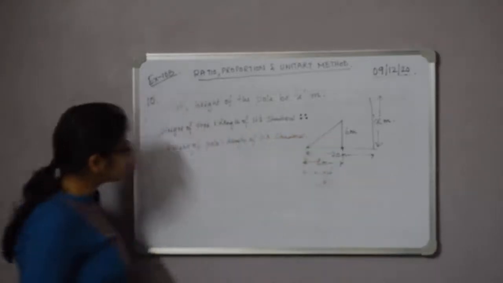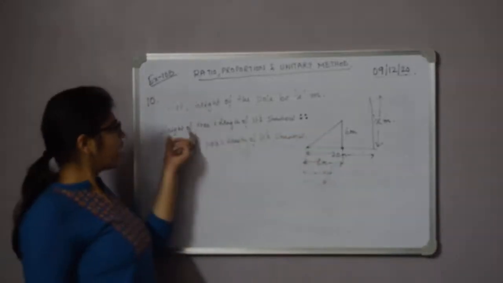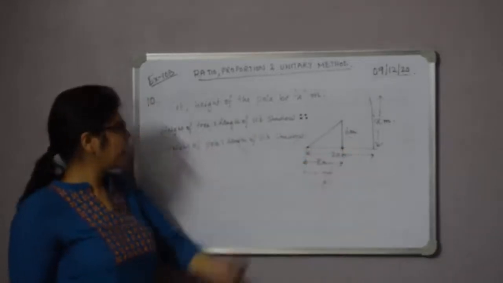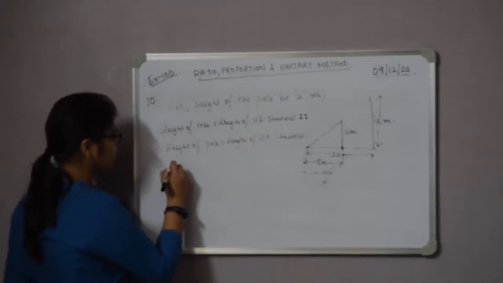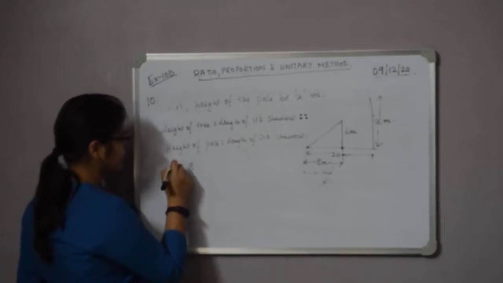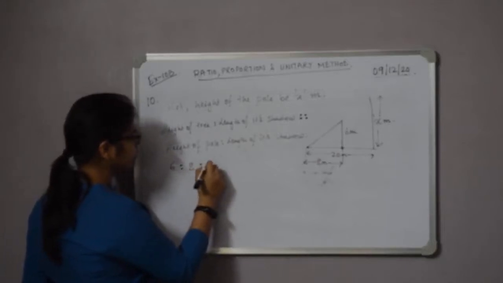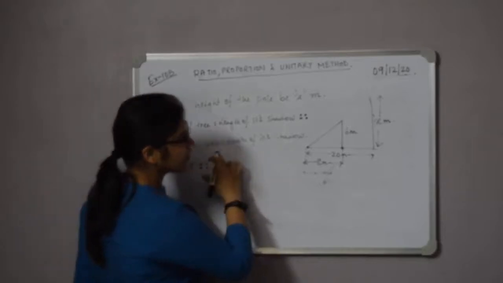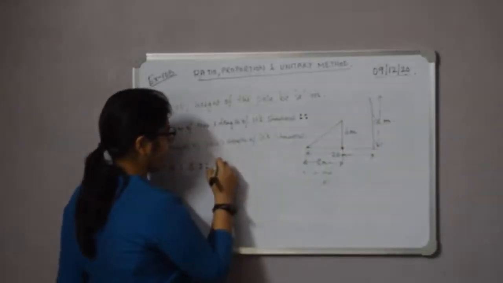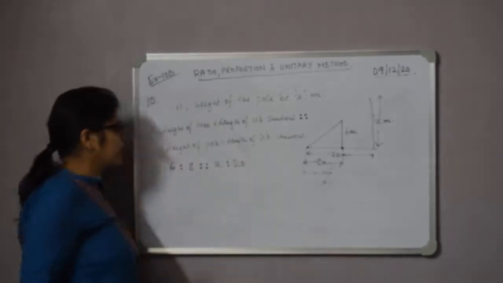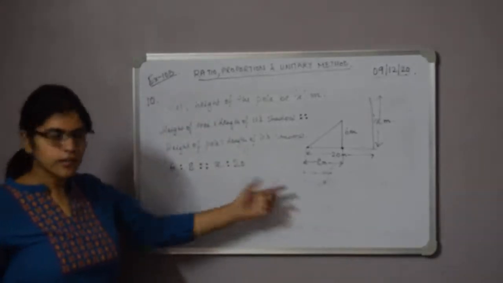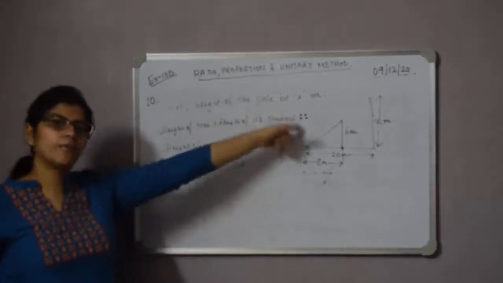So that means this is to this. So height of tree is how much? 6 meter and length of its shadow is 8 meter. So you can write 6 is to 8 will be proportionate to height of pole is how much? x, and length of its shadow will be 20. So this proportion we can form from this data.